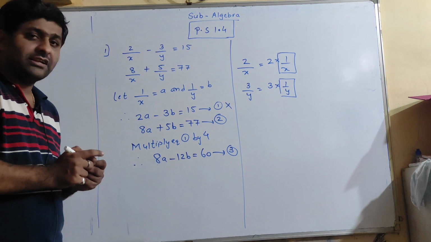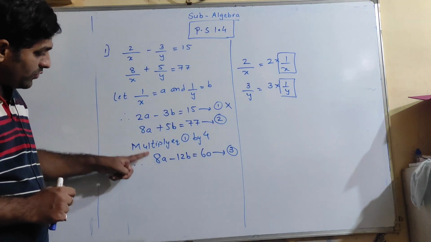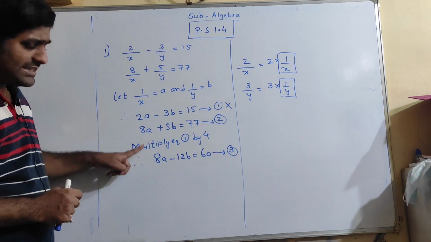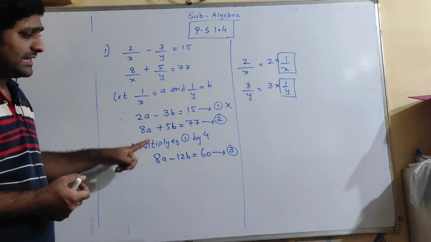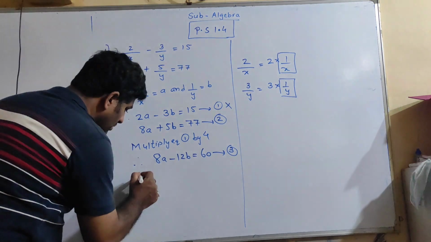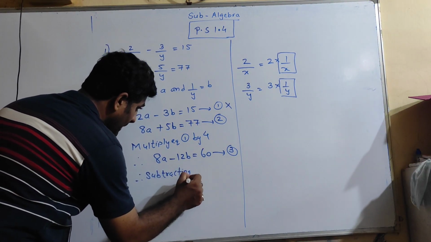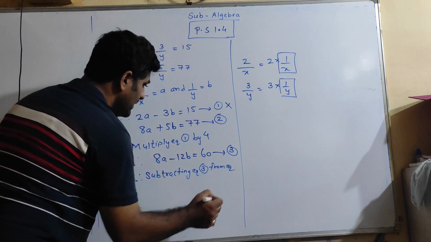Now we will look at our 2 equations which are left, that is 2 and 3. See over here we have the same term. What about the sign? The sign is also the same. So we know, students, same term, same sign, we go for subtraction. So what we do is subtract equation 3 from equation 2.